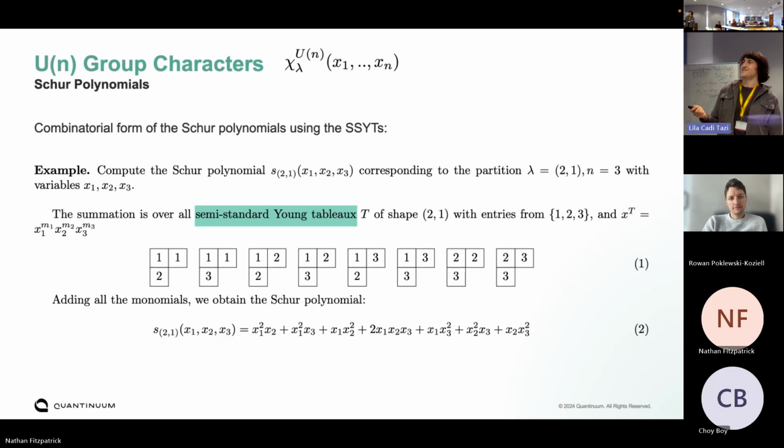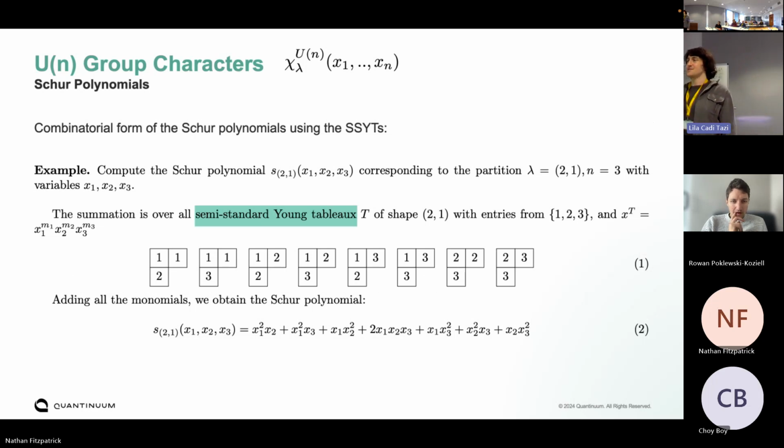The gods of mathematics decided that if you fill up these Young diagrams with semi-standard Young tableau conditions, which means you increase weakly across the rows, so you can repeat numbers, but strictly increase down the columns, where you can't repeat the numbers, you end up with all the different ways you can fill these Young diagrams.